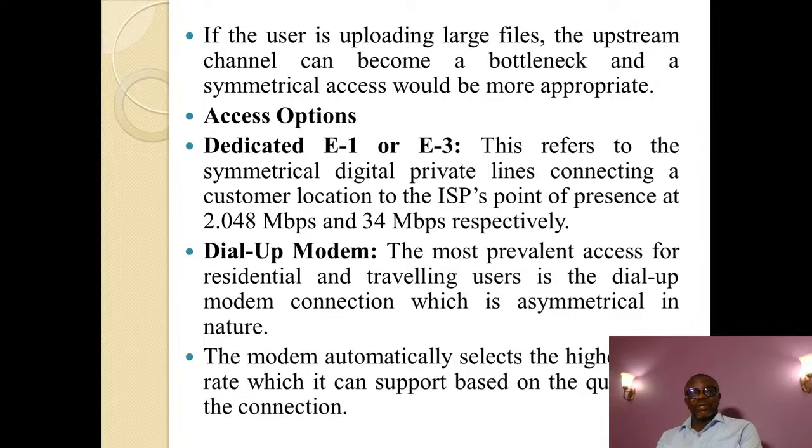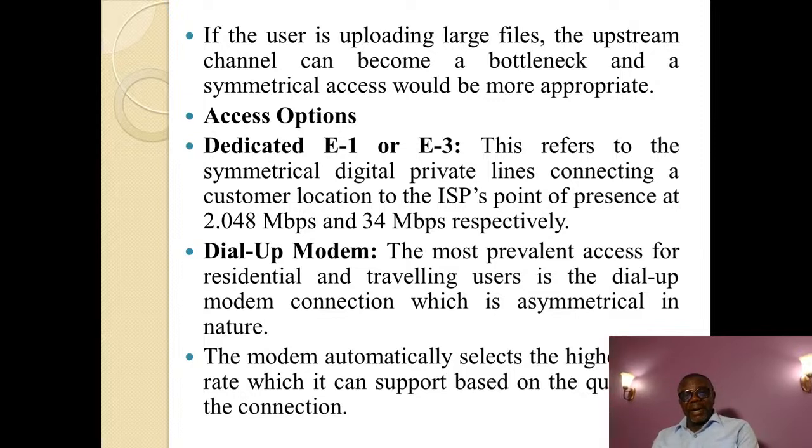So we've talked of the modem, which we call the dial-up modem. The most prevalent access for residential and traveling users is this dial-up modem connection, which is asymmetrical in nature. The modem automatically selects the highest data rate which it can support based on the quality of the connection.